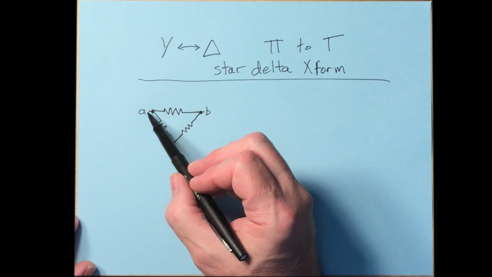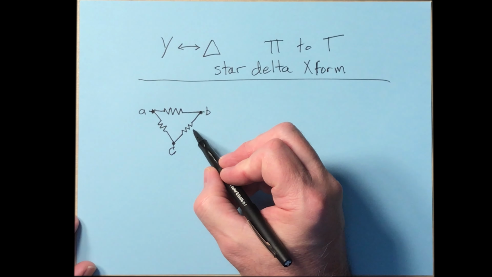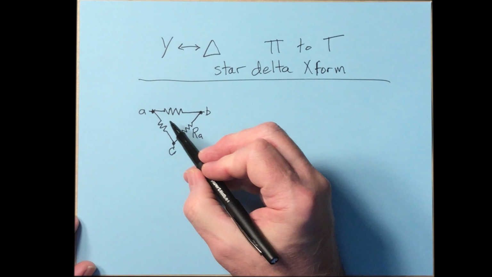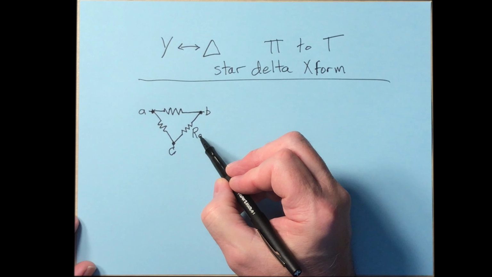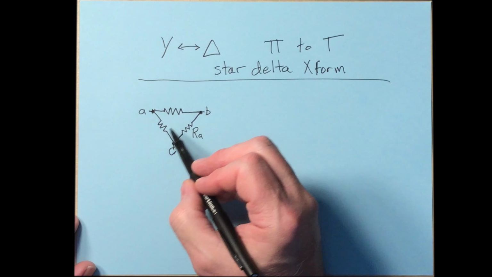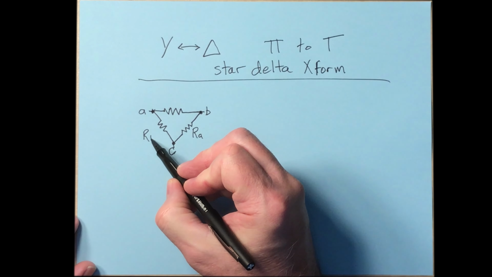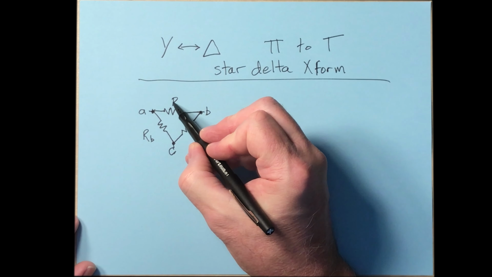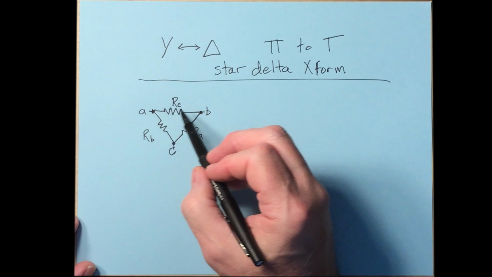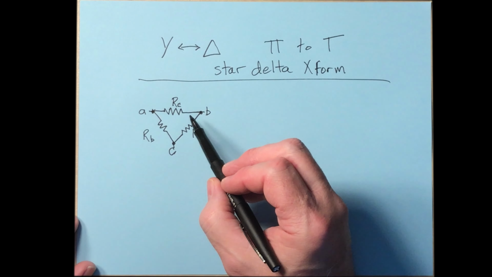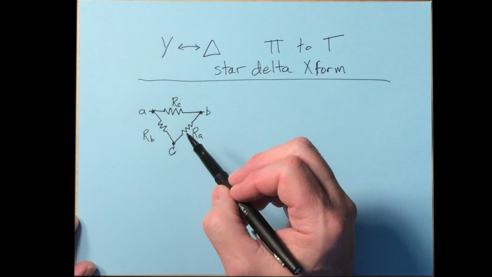This is what we're calling terminal A, then this will be resistor A across the triangle from terminal A. And then resistor B will be this one over here, and resistor C will be this one over here. So if you've got terminals A, B, and C labeled like this, then resistors A, B, and C are going to be labeled like that.